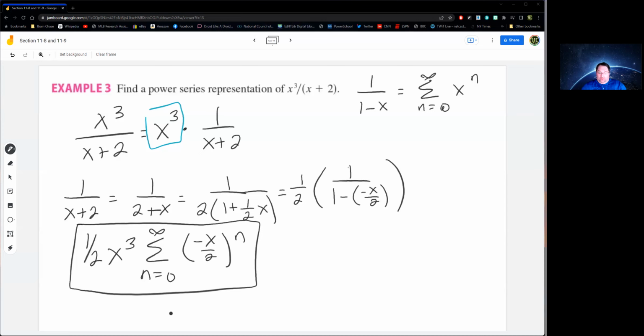All right. So the next piece we have to figure out is my interval of convergence. So we're going to take the absolute value of negative x over 2, and that's got to be less than 1.